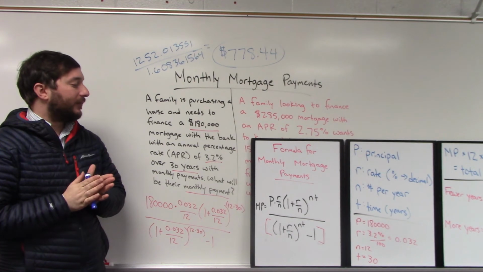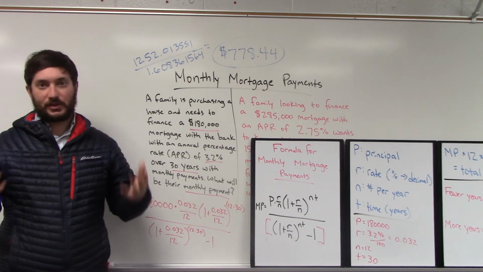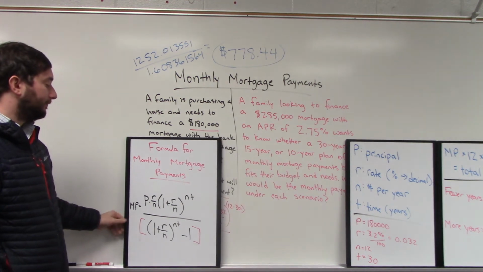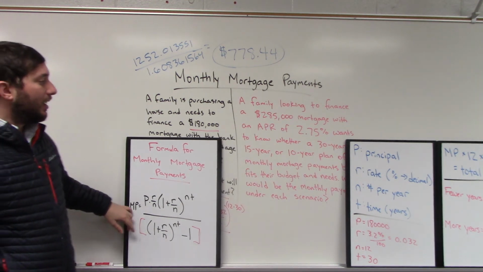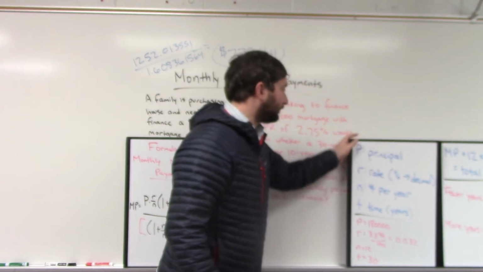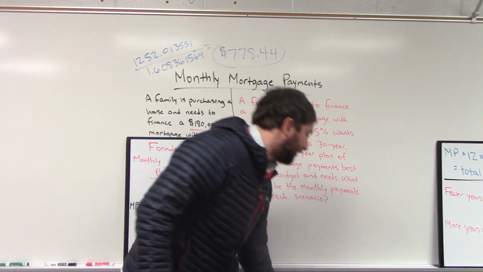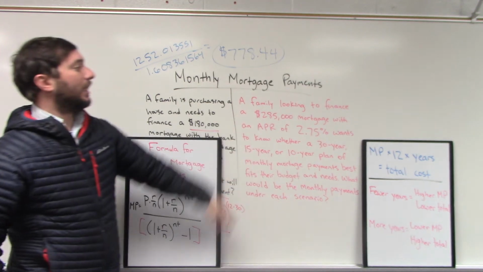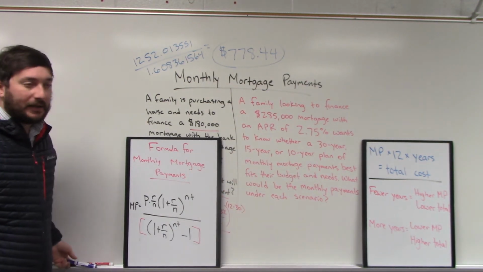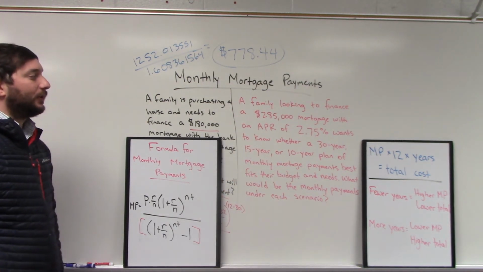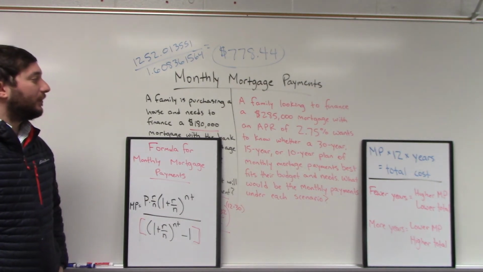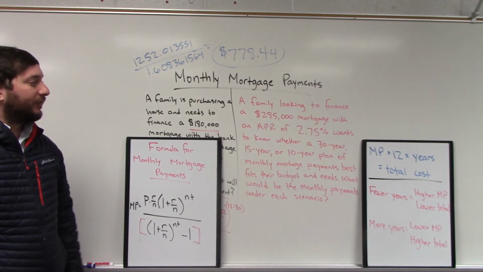Now, what I'm going to have you do as your own personal project, using the same formula, I want you to take a look at the following problem. Let's say that you or your family was looking to finance a $285,000 mortgage with an APR of 2.75%.